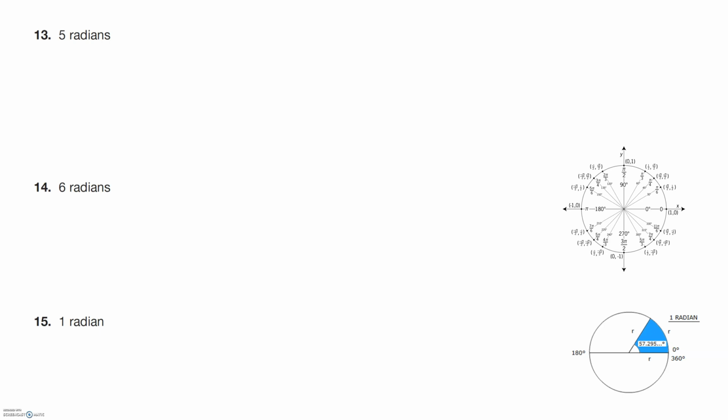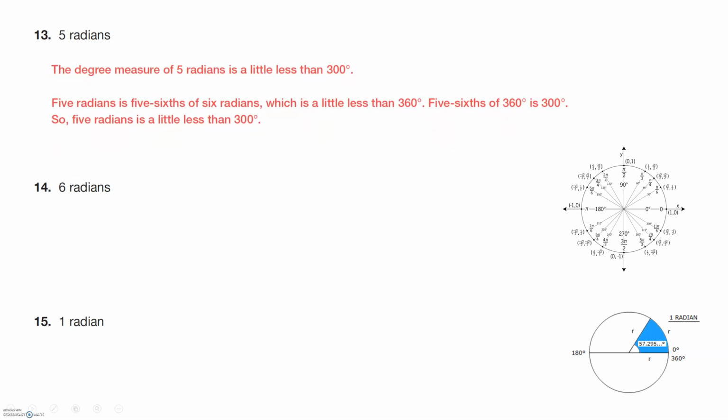So I need to position myself where here in the unit circle that's going to happen. So 286 is greater than 270 but less than 300. So I will say that the measurement of 5 radians is a little less than 300. Okay, the degree measure of 5 radians is a little less than 300 degrees.